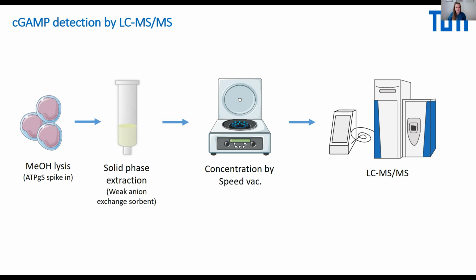The method we use is that we take human cells. I will get into the individual experiments exactly what type of cells they were. Then we lyse them in methanol, and we make an ATP gamma S spike in so that we can use that for normalization in the end after the purification.